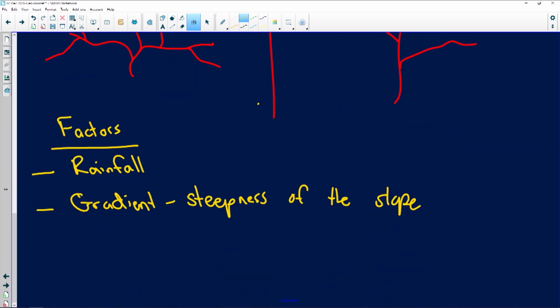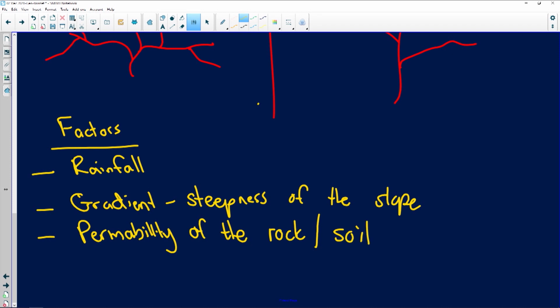Third factor, the permeability of the rock and soil. When we look at permeability, does it allow water to infiltrate?